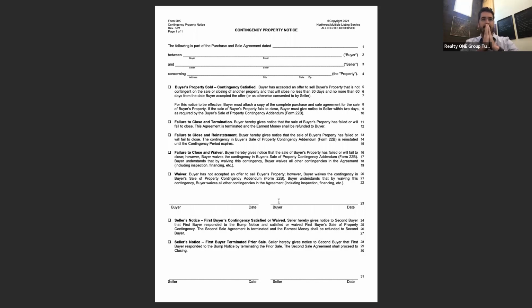Seller's notice first. I want to read something really quick, just make sure I'm not missing something. Okay, and then the seller has to give notice if they've enacted the bump. Seller hereby gives notice to the second buyer that the first buyer responded to the bump and satisfied or waived the first buyer's sale.